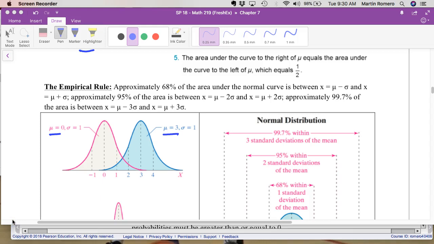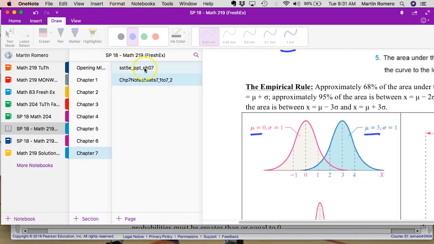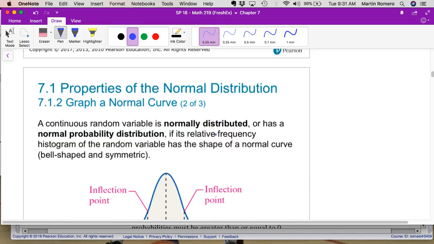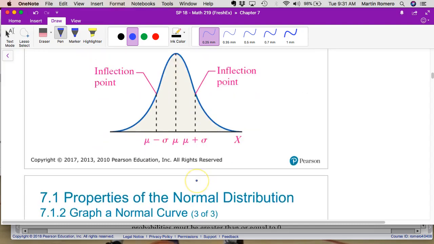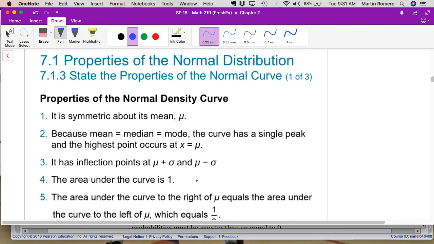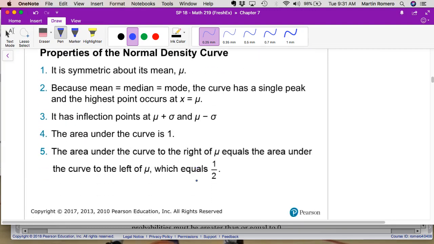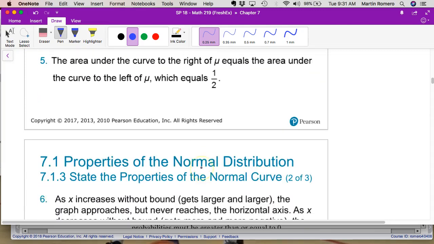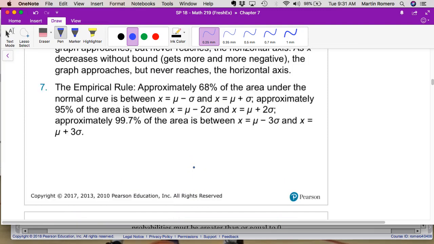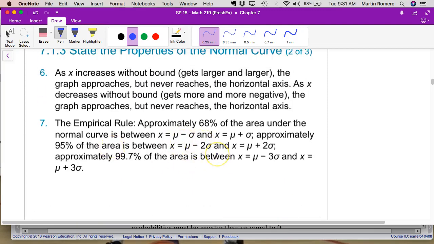So let's look at an example that applies the normal distribution. This is from the PowerPoint. We talk about normal curves. We talked about what a normal curve looks like and some of the characteristics. You have that on your note sheets, the properties. Make sure you read them and try to understand what that means. We can apply the empirical rule to normal curves.